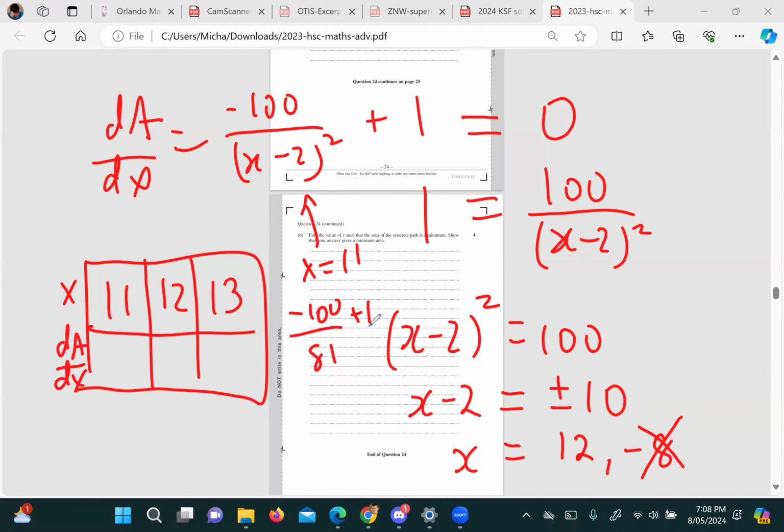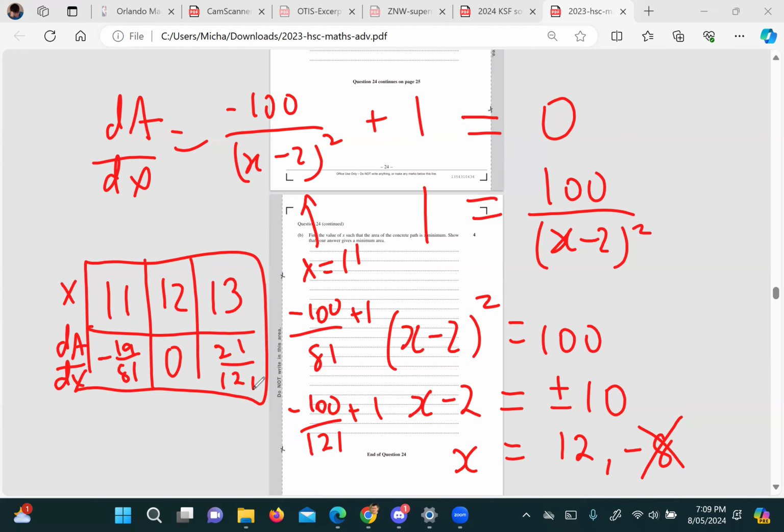Yes. Minus 19 on 81. And then when you have 12, you get 0. And when you get 13, I got 21 on 121. So minus 100 on 121 plus 1, which is 21 on 121.